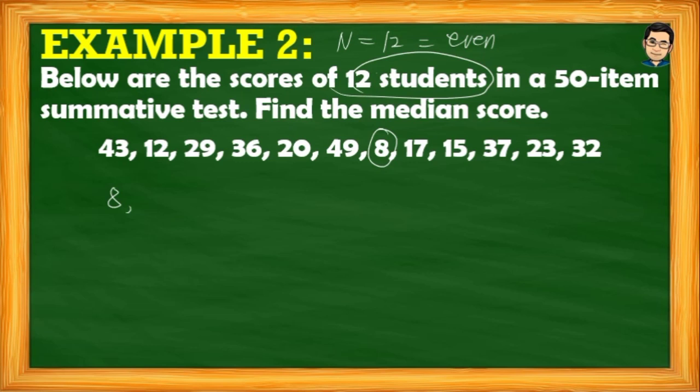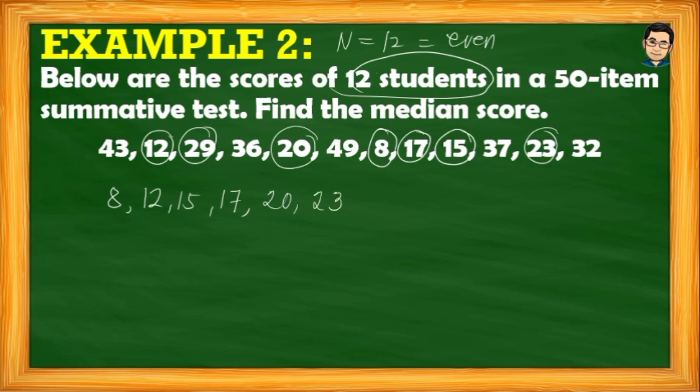And then, we have 15, 12, 17. So, arrange natin yung 12, 15, 17. Next, line of 2, 20, 23, 29. And then line of 3, we have 32, 36, 37.